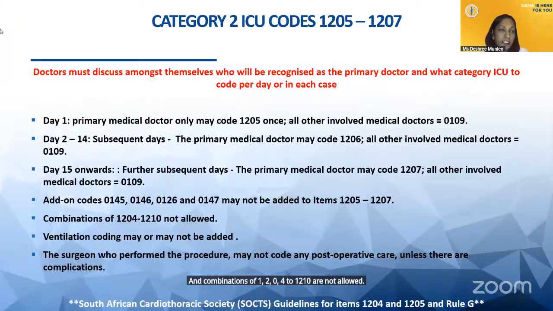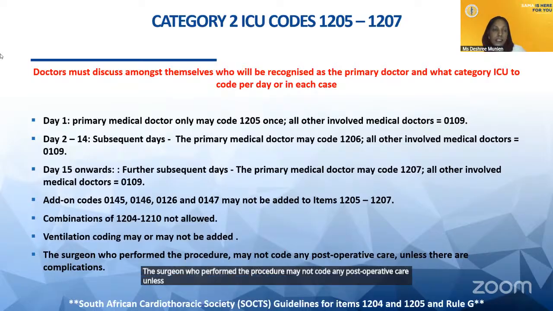The ventilation coding may or may not be added to these codes. The surgeon who performed the procedure may not code any post-operative care unless there is a complication post-operatively.